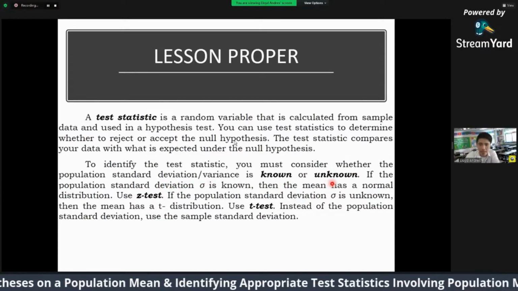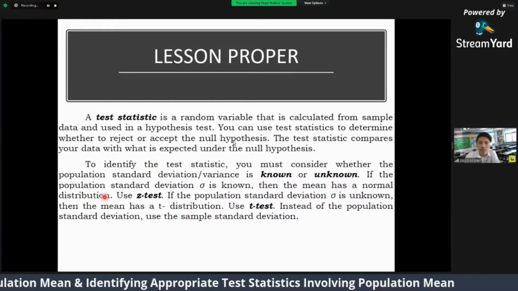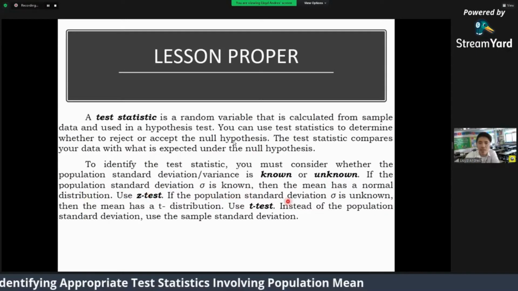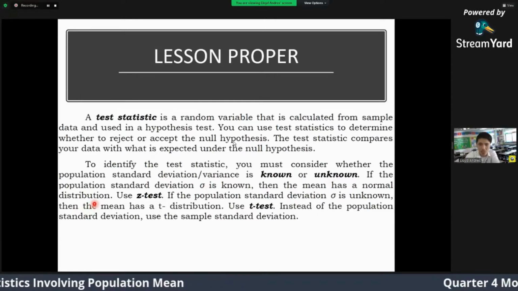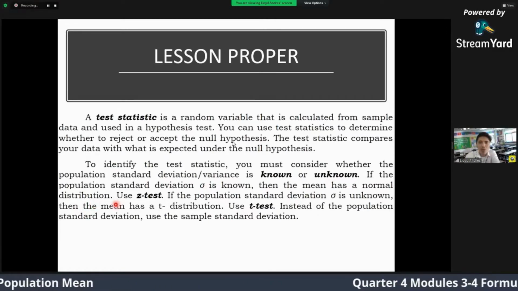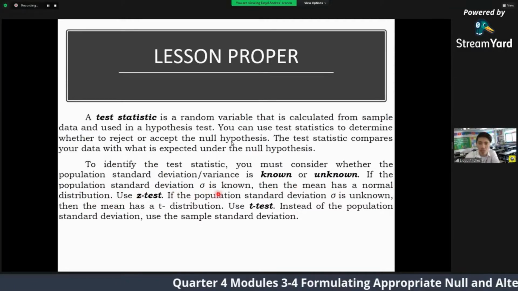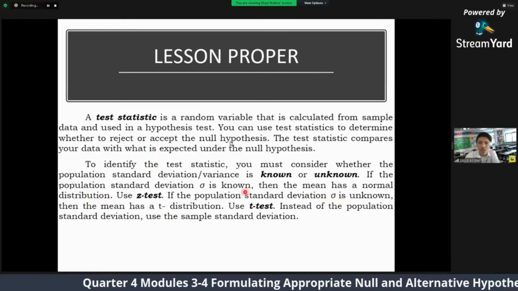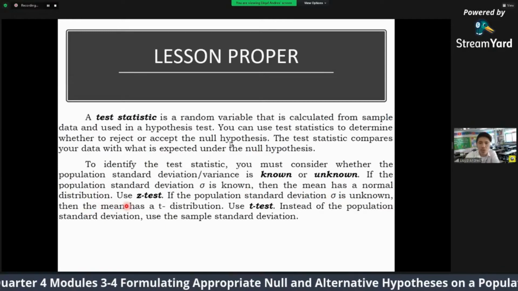Depende. If the population standard deviation is known, the mean has a normal distribution. Again, if the population standard deviation is known, then the mean has a normal distribution, use z-test.